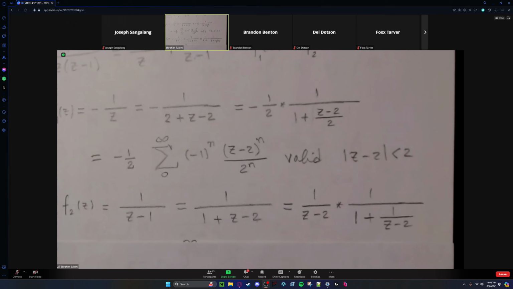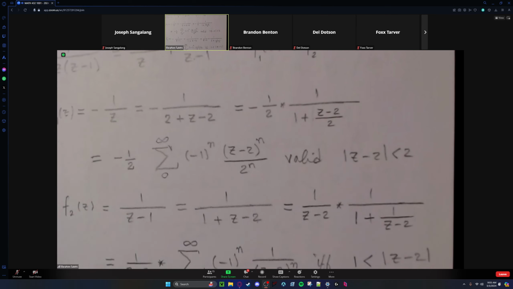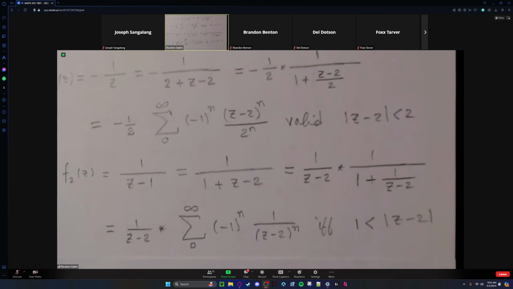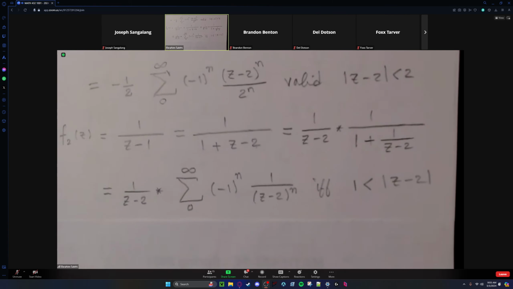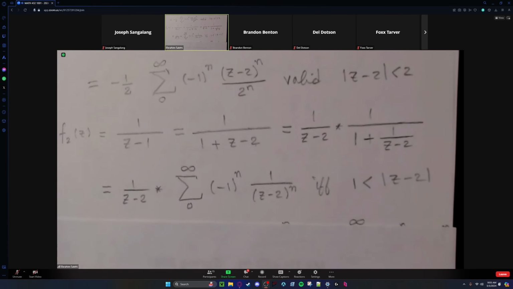If we factor z minus 2, this is what you get. And if modulus of this is less than 1, which means modulus of z minus 2 bigger than 1, and that's exactly what we need, this is what happens using, again, geometric series.